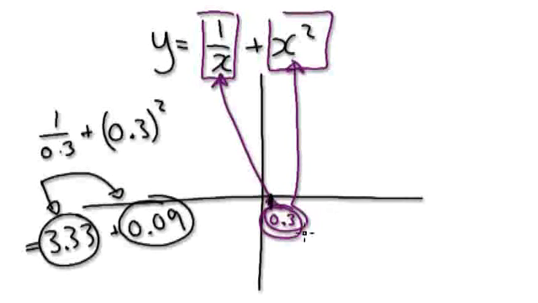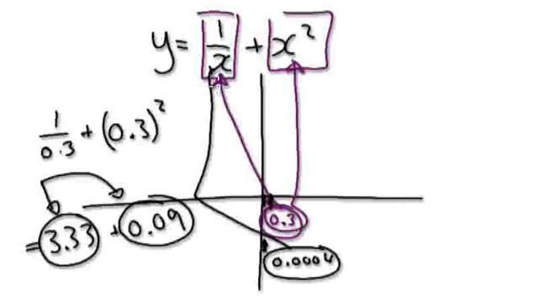Let's make it really small, really close to the y-axis. So let's choose 0.0004. We are looking at a value really close to 0. Let's put that into this thing here.